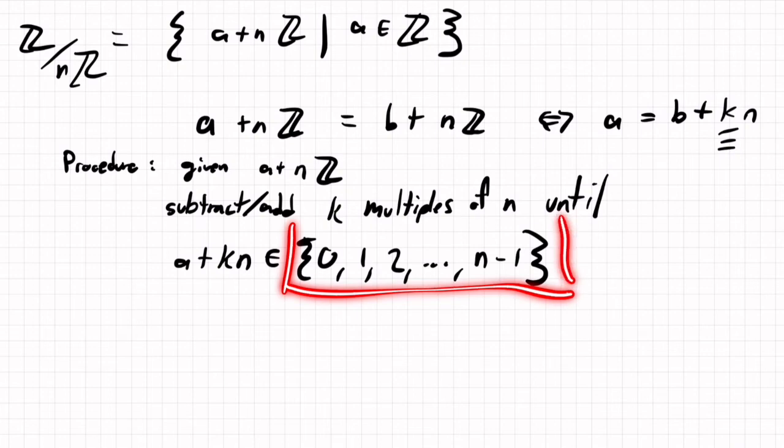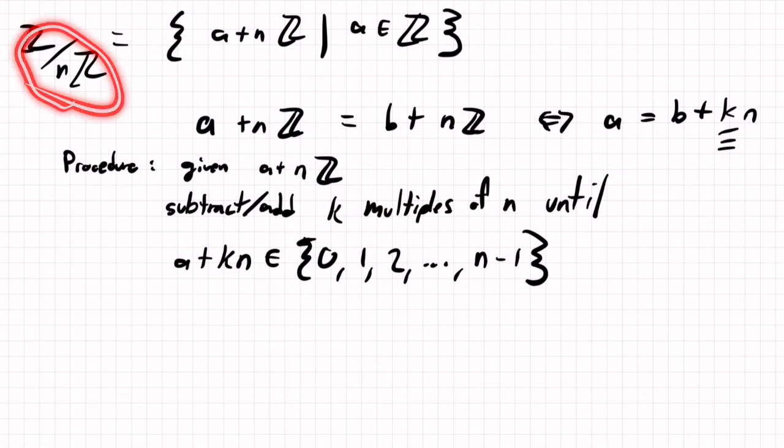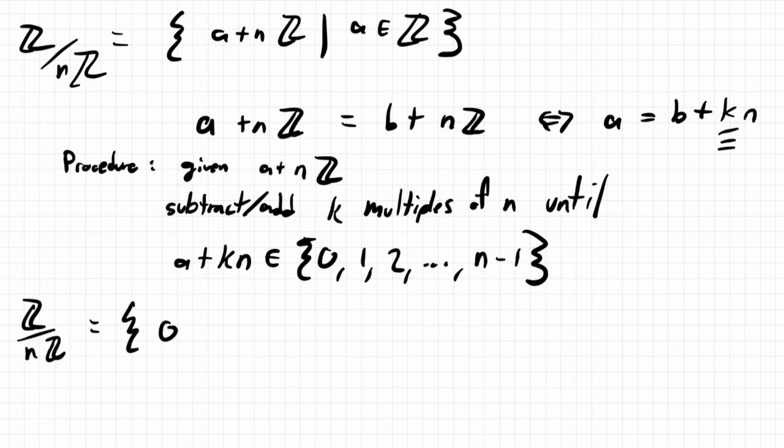These form a unique set of what are called representatives of the cosets, and so we can regard these as the elements of the group Z mod nZ. So Z mod nZ equals the cosets 0 plus nZ, 1 plus nZ, up to n minus 1 plus nZ.